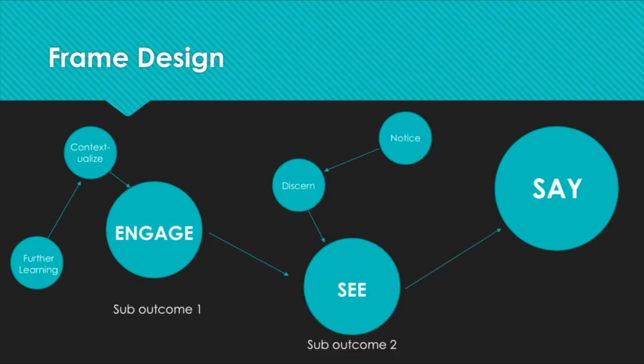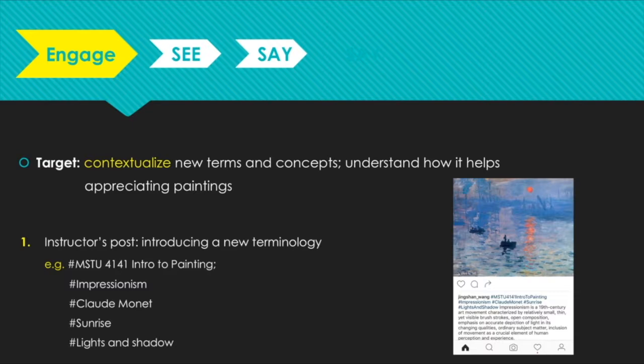And once students are willing and able to engage in classroom teaching and discussion, they will need to be able to see different paintings by professional criteria before they really start to speak. So for outcome engage, the target is to be able to contextualize those terms and concepts about painting appreciation.